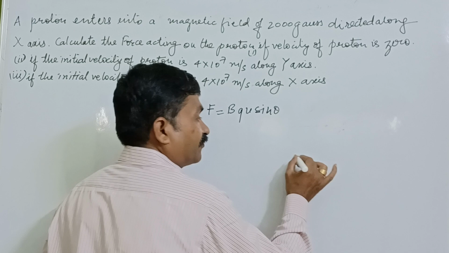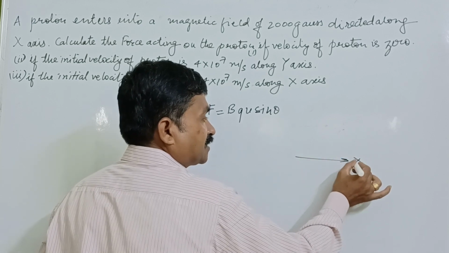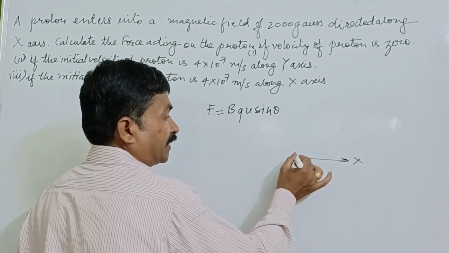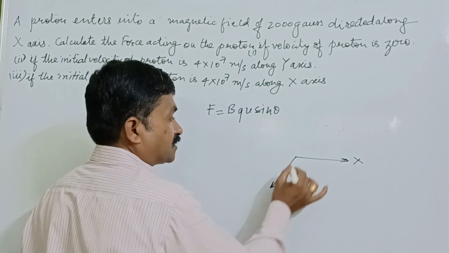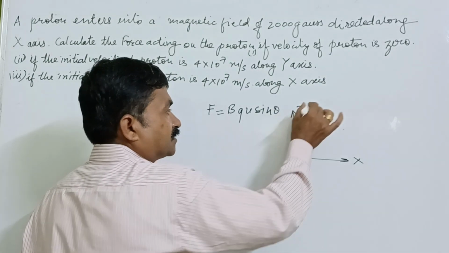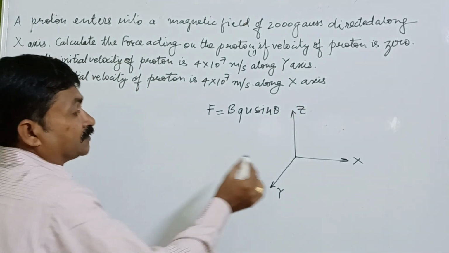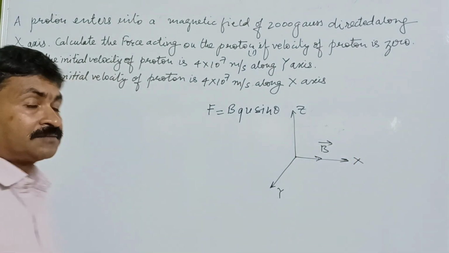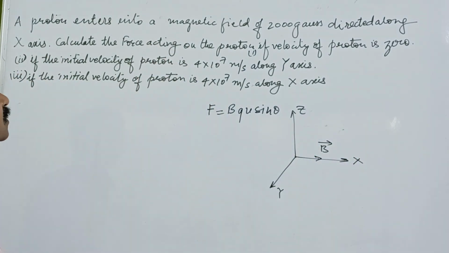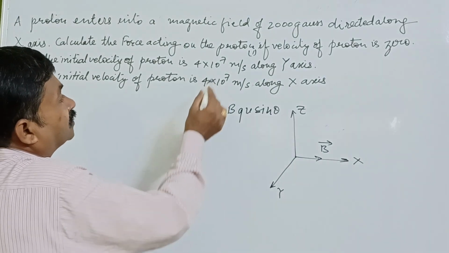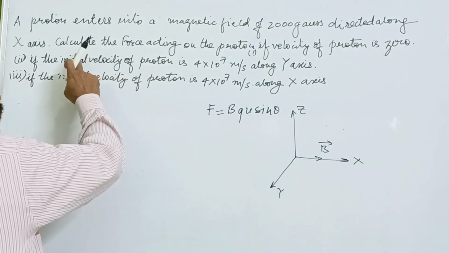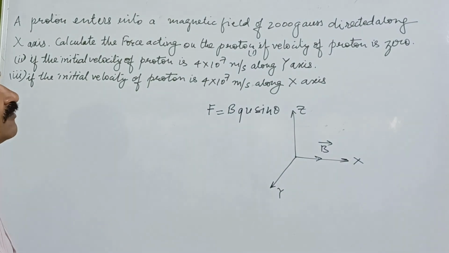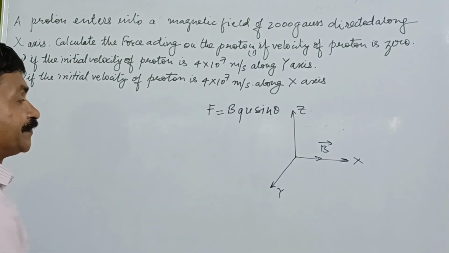Suppose this is the x-axis, this is the y-axis and this is the z-axis. The magnetic field is acting in the x direction. Calculate the force acting on the proton if the velocity of the proton is 0.